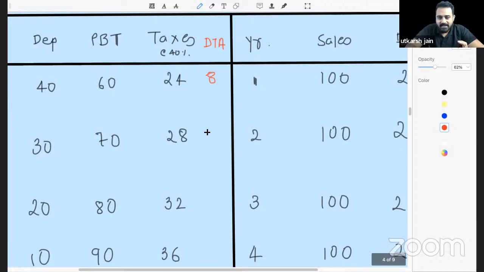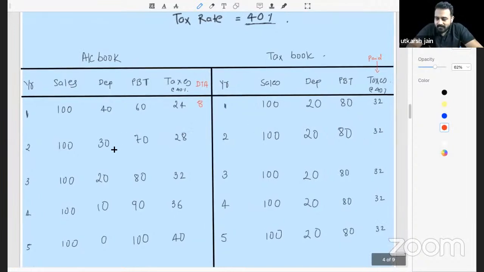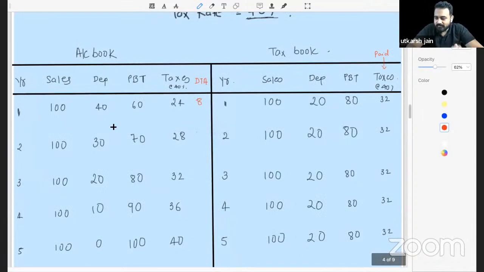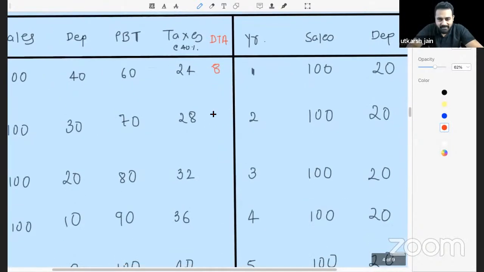Second year deferred tax asset will become, come on, not even a single person is giving me the correct answer on the chat box. You were supposed to pay 28, you paid 32. Jigar, fantastic. That's right. Steve, spot on. Amay, yes. Thank you very much for answering. Aryamar, that's right. 12, not 4.